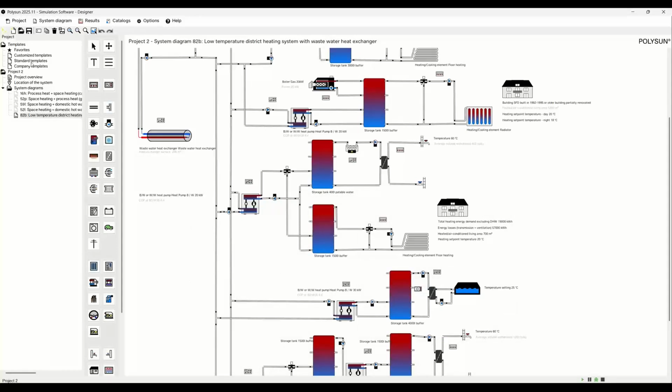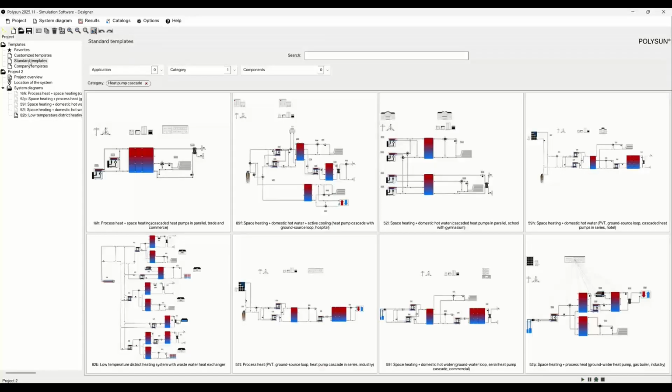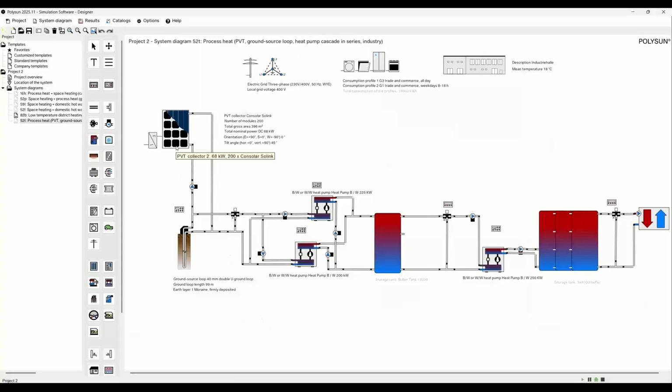Let's have a look at the other templates we have just published with one of the latest releases. So there's also this combination of a heat pump cascade system with hybrid solar panels combining solar thermal and electric systems, and a ground source loop.